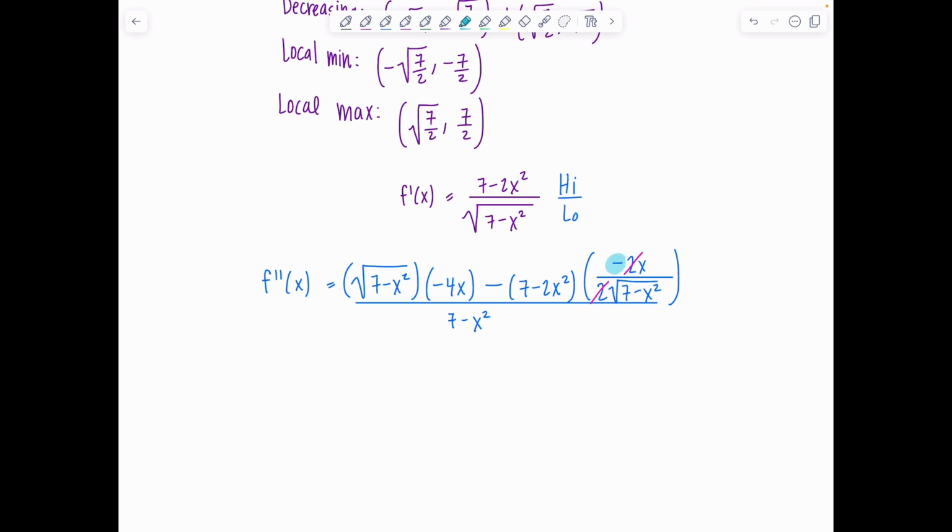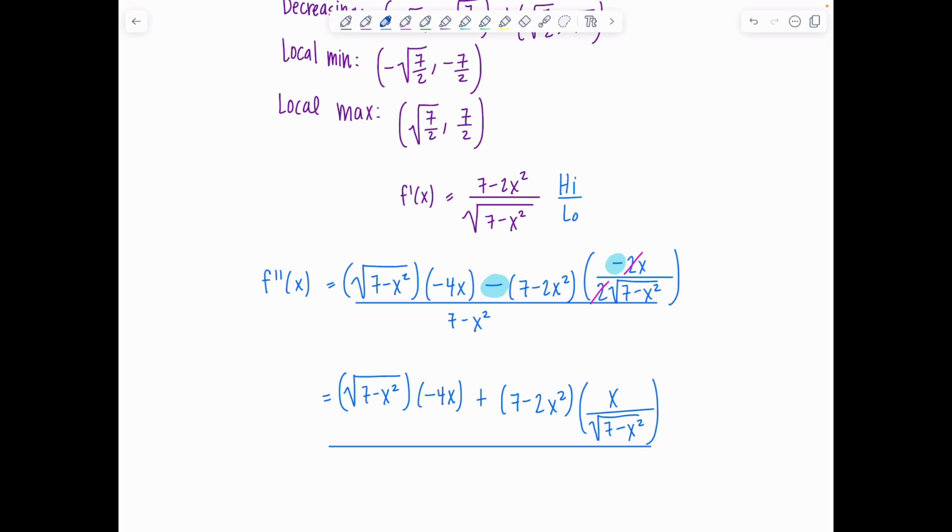Also, these negatives cancel, okay? So I can write this now as rad 7 minus x squared times negative 4x plus 7 minus 2x squared times x over rad 7 minus x squared, all over 7 minus x squared.